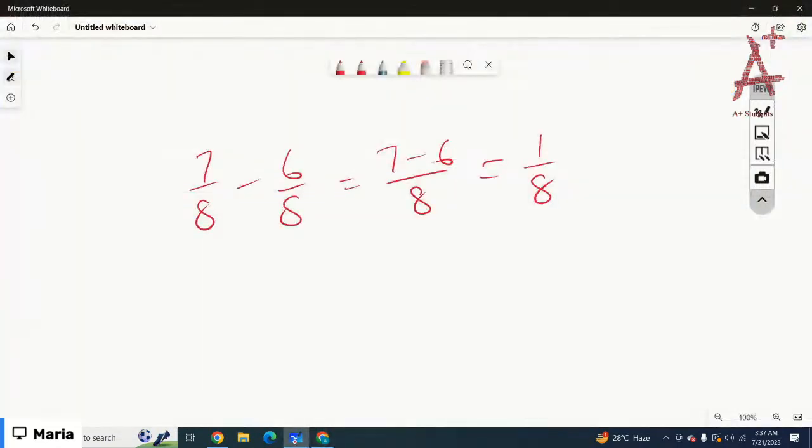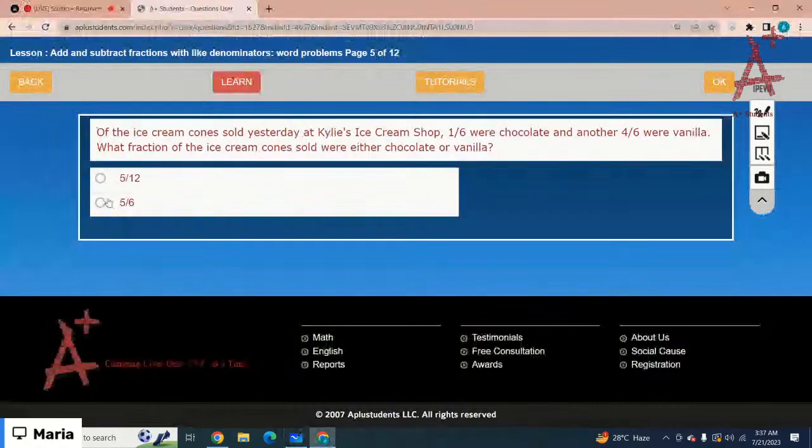So which is the correct option? You have to add the numerators simply, that is 5 over 6. So the correct option is 5 over 6.